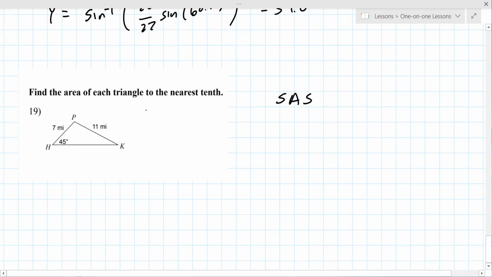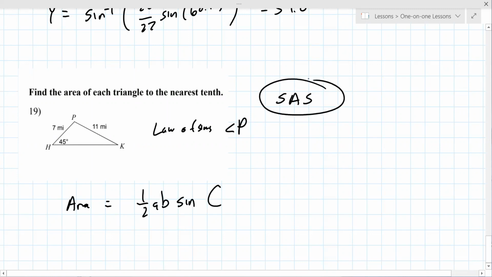You're going to use the law of sines to find angle P. Once you have angle P, the formula for area is 1/2 ab sine C. Because you've got the side angle side, it'll become 1/2 times 7 times 11 times the sine of angle P.